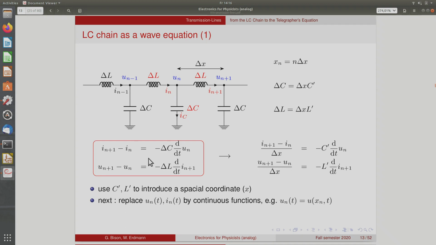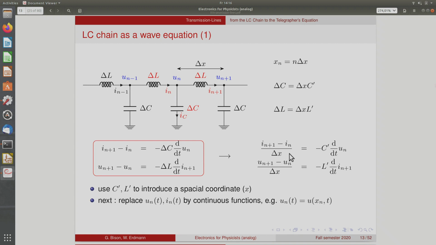The difference of voltages is still there. We replace delta L by L prime times delta x, divide the whole equation by delta x, and then we get this equation here. And I think you already see where this is going. This will become our spatial derivative, okay?